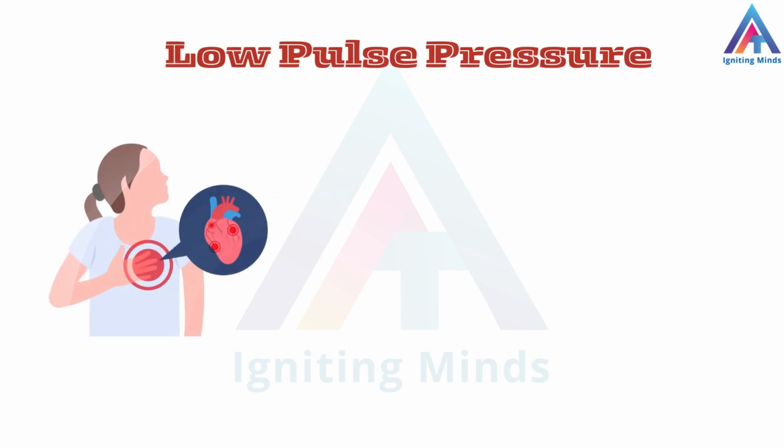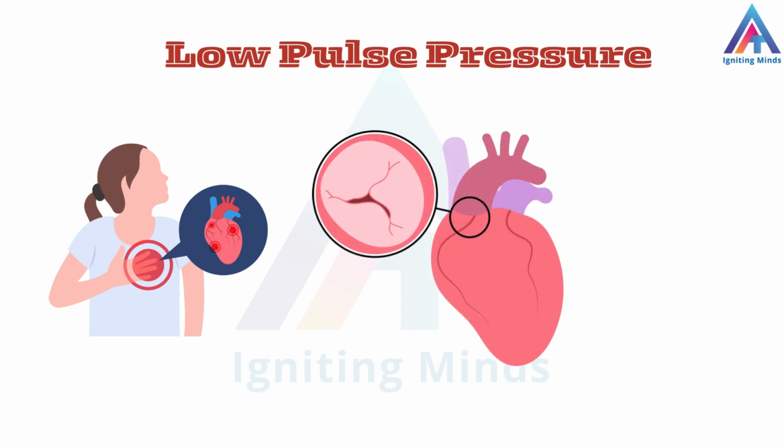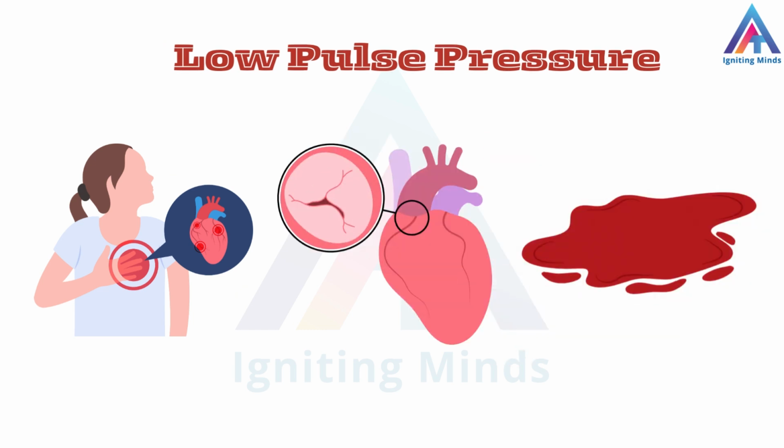A pulse pressure below 40 is described as low or narrow. This may occur, for example, in patients with a low stroke volume, which may be seen in congestive heart failure, stenosis of the aortic valve, or significant blood loss following trauma.